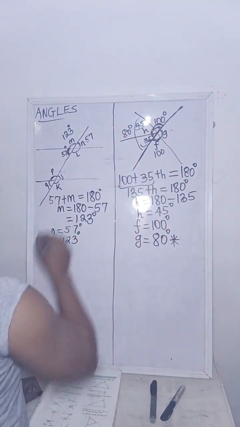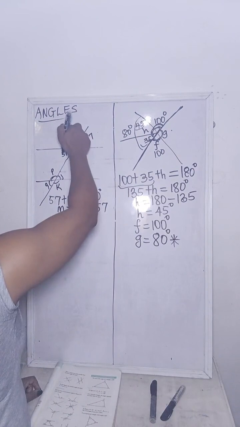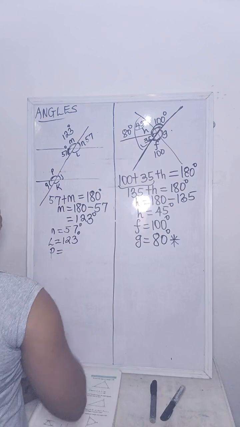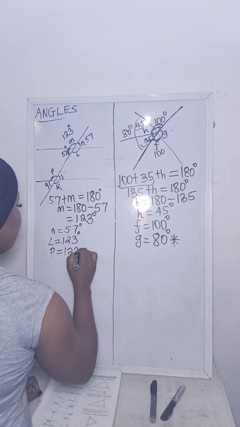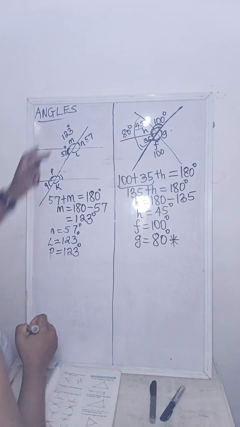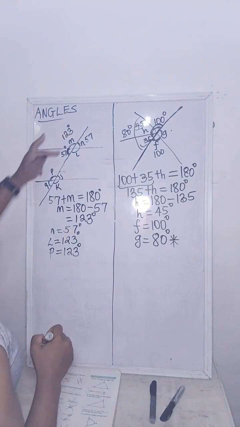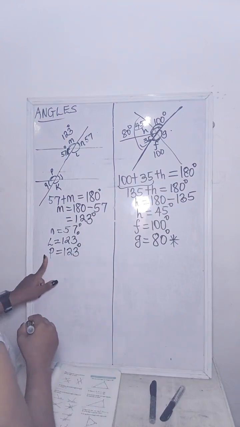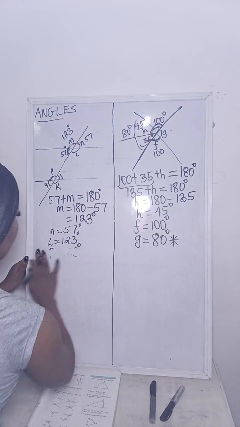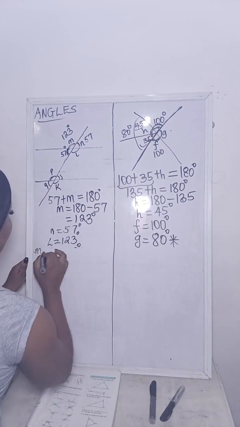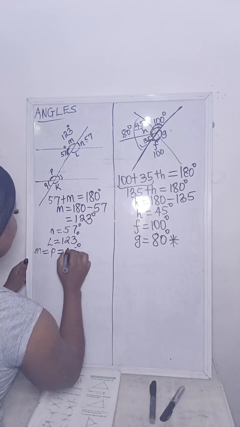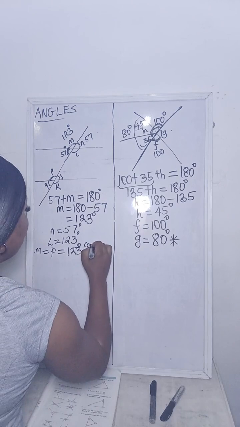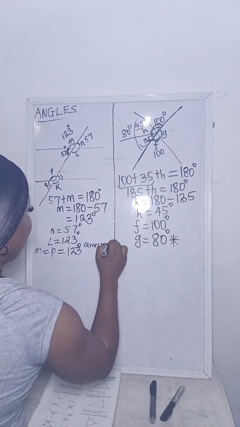So that means our value for M is 123, which means P is 123 degrees because they are corresponding angles. Okay, let me write it here. M is equal to P, and that is equal to 123 degrees because they are corresponding angles.